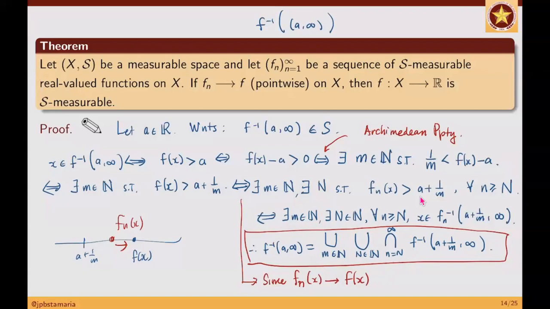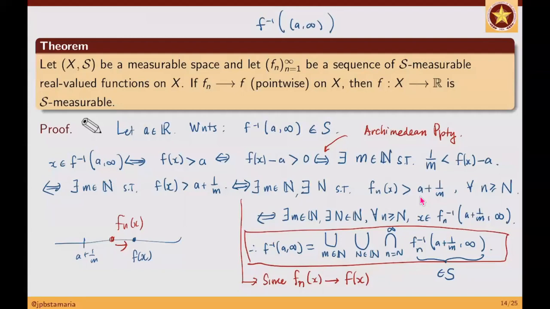Ay, may kulang. And ito. Lahat kasi ng Fn, ano yung sabi natin? Each Fn is measurable. So dapat yung inverse image ng interval na to ay nasa S. Naintindihan nyo? Yung inverse image na nasa S. So, ang intersection, lahat ito ay countable intersection, countable union, right?